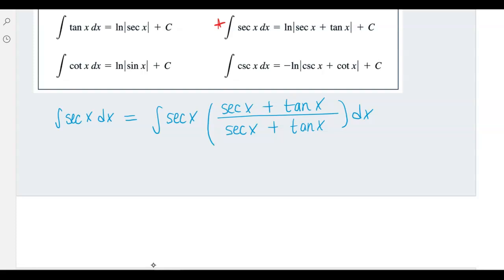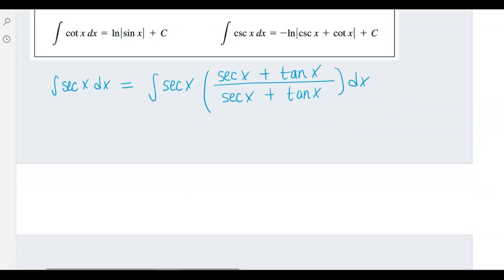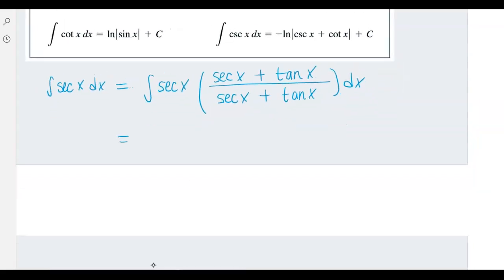So it's not changing the function overall, even though it looks like I've really added something in there that's complicated. Multiplying that secant x through the numerator, I'll have secant squared plus secant tangent. And then that's all divided by secant plus tangent.